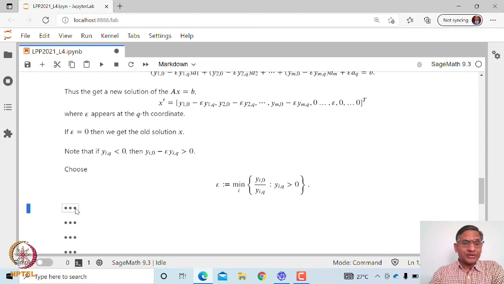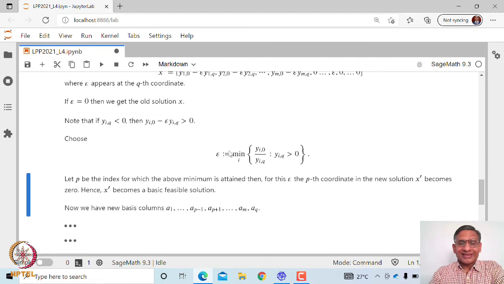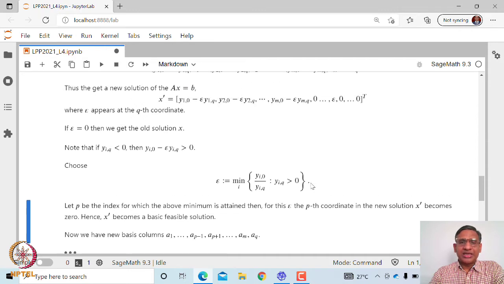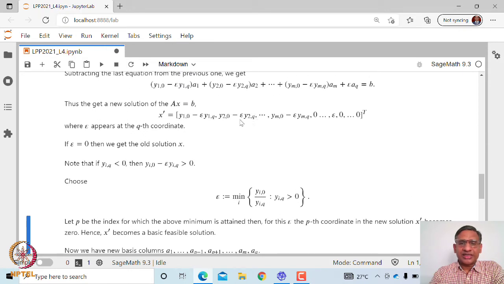To choose the index at which this minimum occurs, let us call that index p. So we have obtained index p at which this component, namely yp0 minus epsilon times ypq, becomes 0. That will be pushed out of the basic variable.